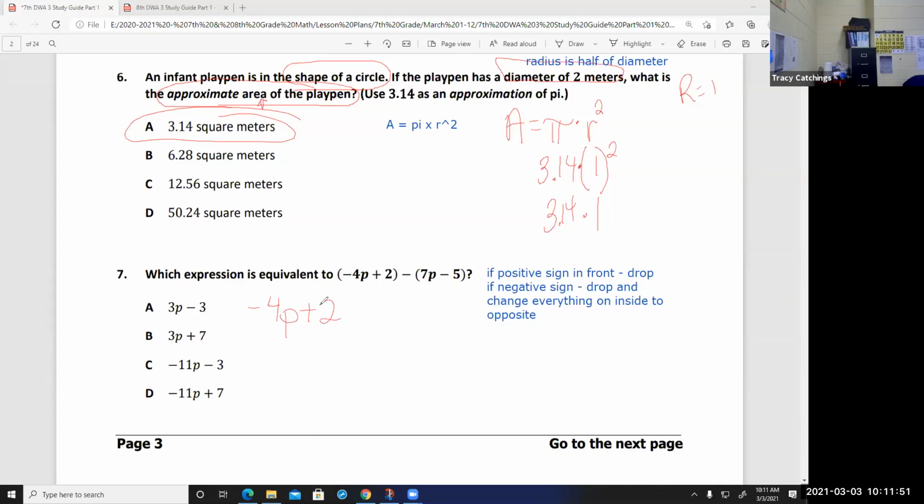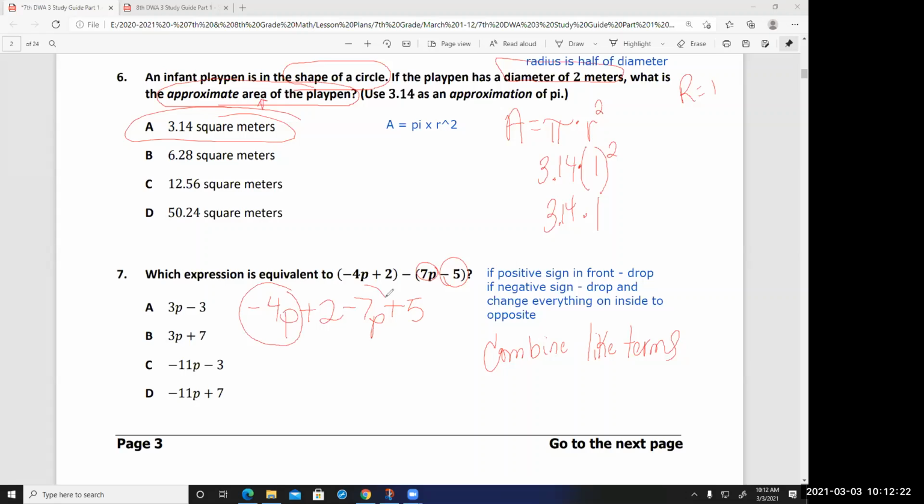Negative 4p plus 2. Second parentheses, is there something in front of it? It's a negative. So that means everything on the inside changes to the opposite. So 7p is now what? Negative 5 is now. Good job. Now Nicole will combine like terms. What would be considered like terms?